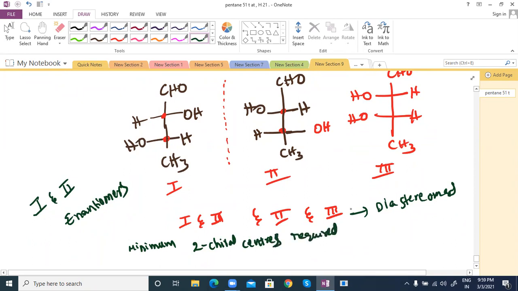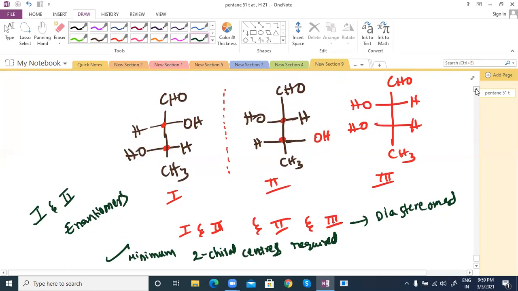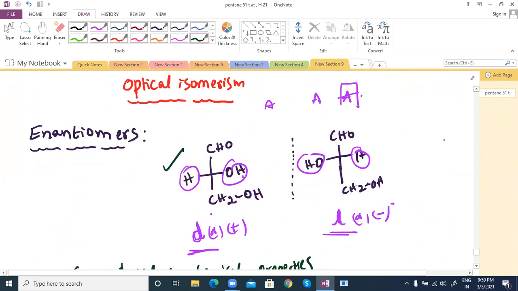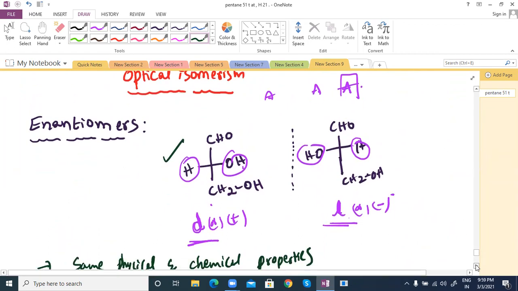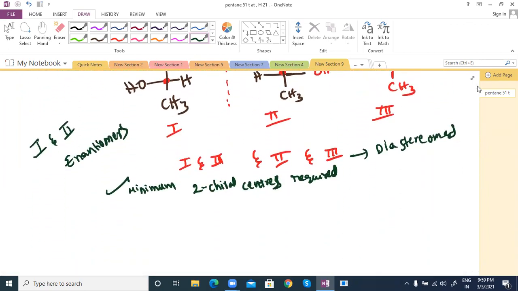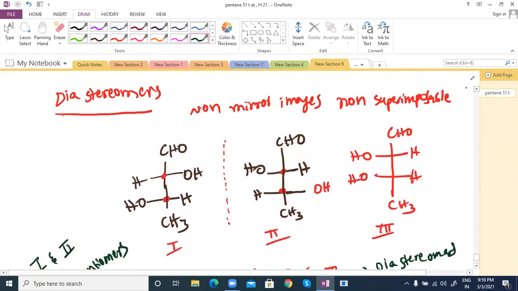But for showing enantiomerism, one chiral center is more than enough. And diastereomers have different physical properties. When they have different physical properties, automatically you can separate them very easily.